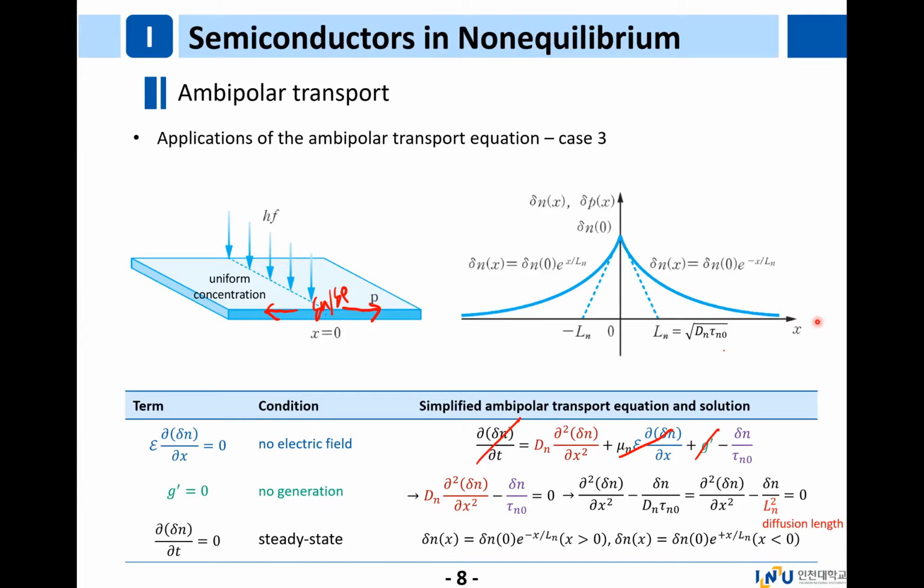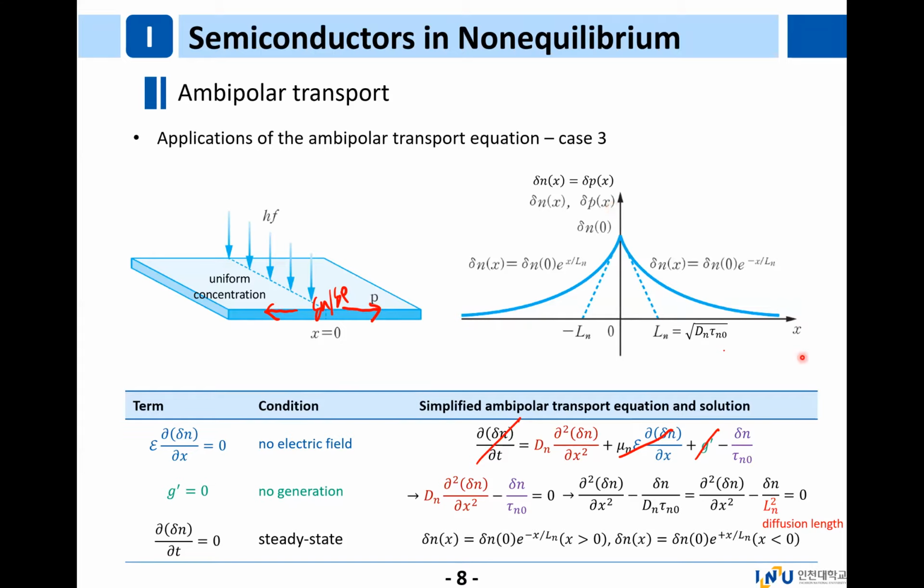Additionally, due to the charge neutrality condition, the concentration of excess majority carriers, excess holes, also decreases exponentially with distance following the same parameter, the minority carrier electron diffusion length.